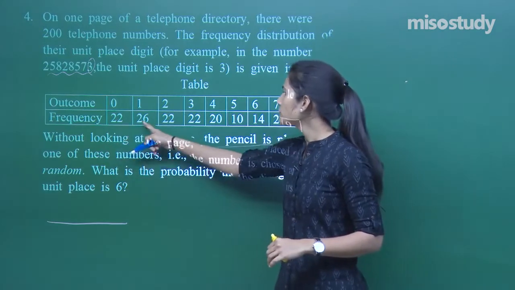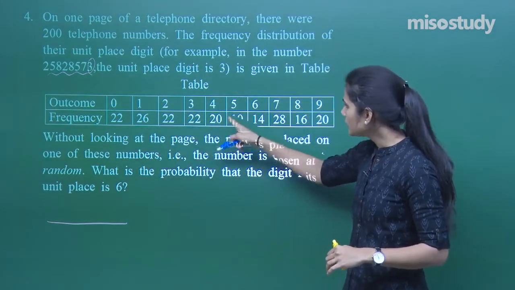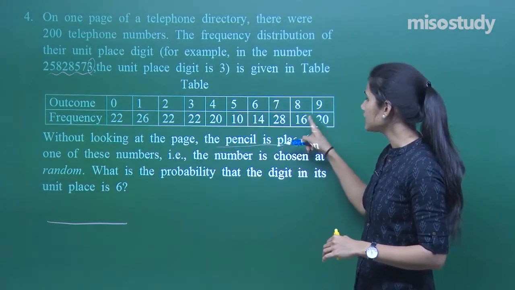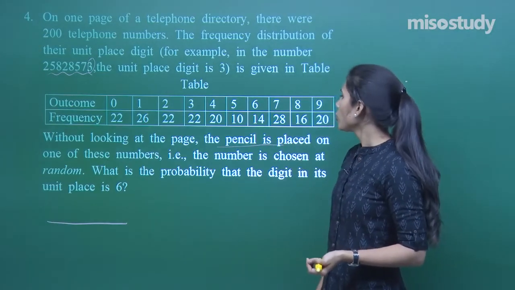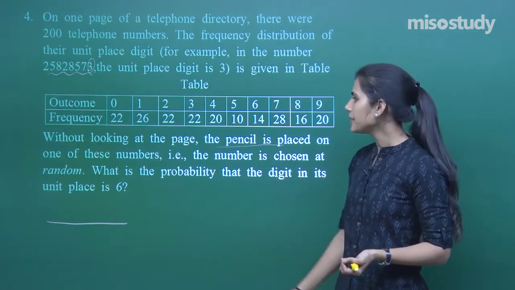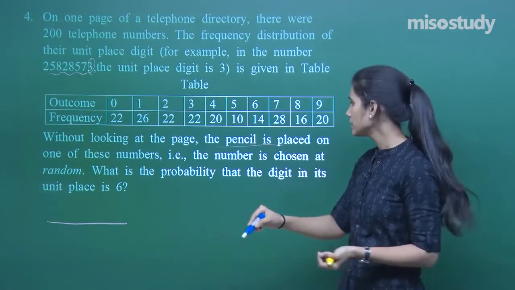When you add 22 plus 26 plus 22 plus 22 plus 20 plus 10 plus 14 plus 28 plus 16 plus 20, you get 200. The question is, without looking at the page, the pencil is placed on one of these phone numbers.